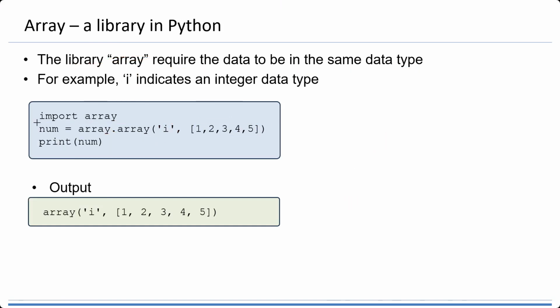When you import array and define this array, it will show this result. It is an array of integers, and it is a list. So basically, the data is a list, but only in the result do you see it as an array.